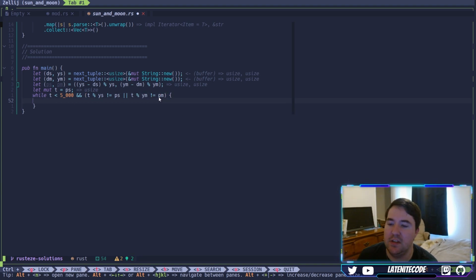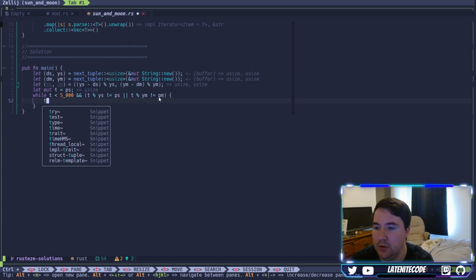Okay, so if t is greater than or equal to 5,000, we would break. If t is in the ps category and in the pm category, then it fails on both of these conditions, and since it's a logical or, it would fail entirely. We'd have a false term and break out of the loop.